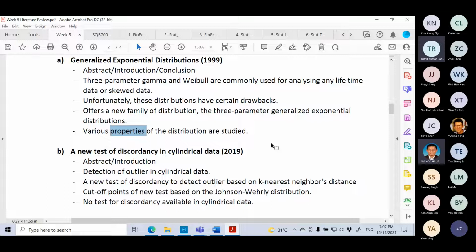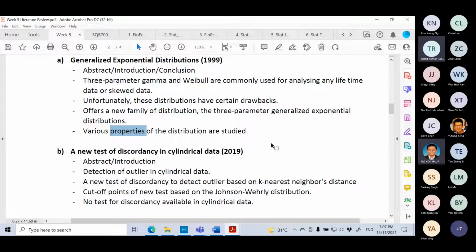So they are not for any type of data, because you have many kinds of data, like normal data, where outliers are a very common topic. But for cylindrical data, this type of data set, there may not be a hypothesis test available.